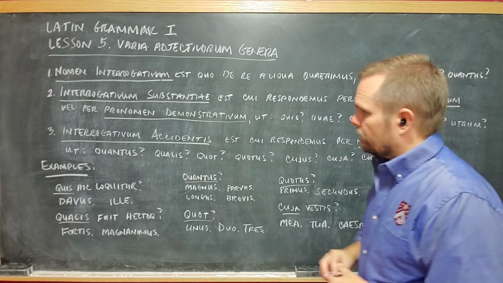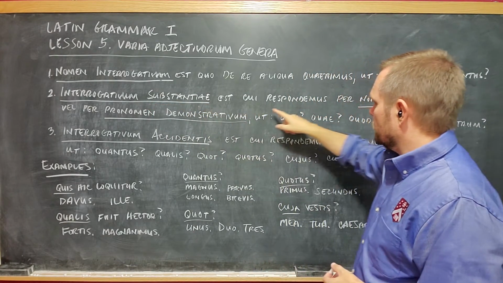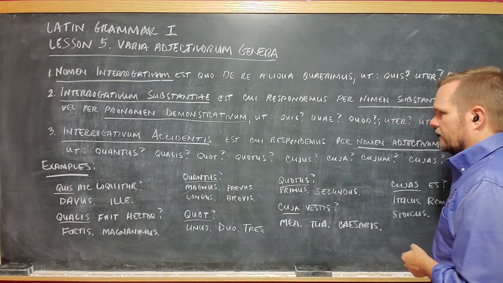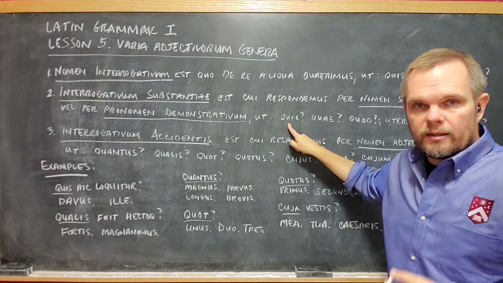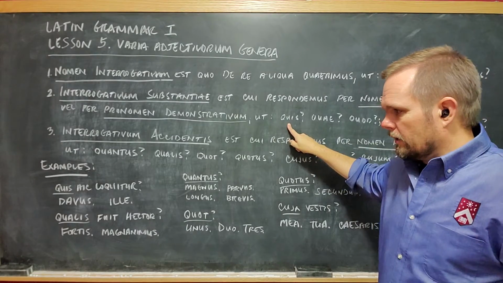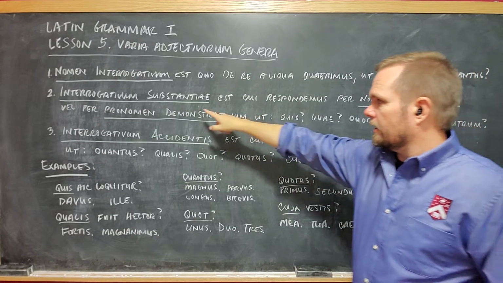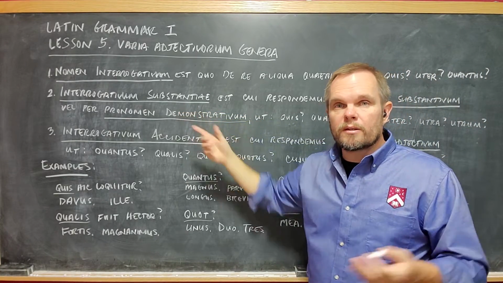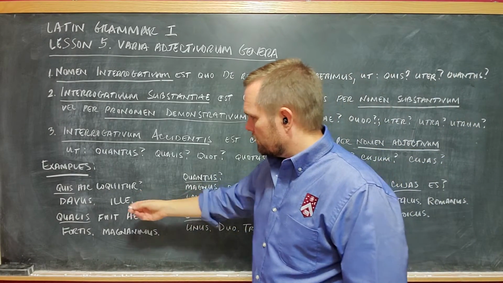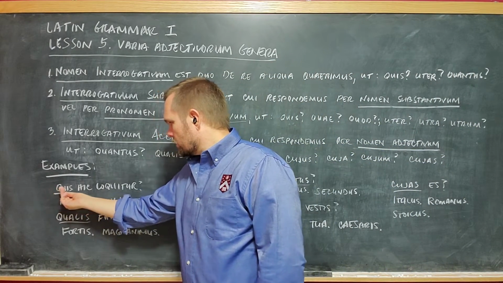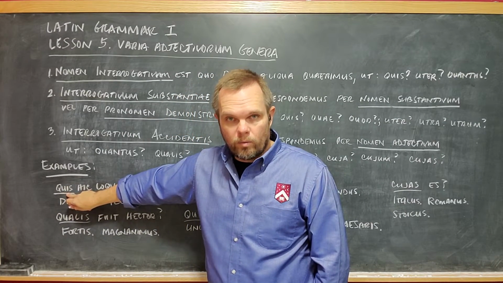So, for examples, an interrogative of substance is one to which we respond with a substantive noun. And one of the examples that's given is quis, which I said is translated as who in English. So the first example of an interrogative noun of substance would be quis, who. And here we have an example where we use it.